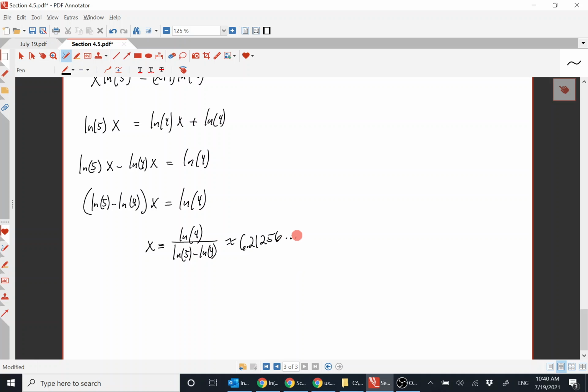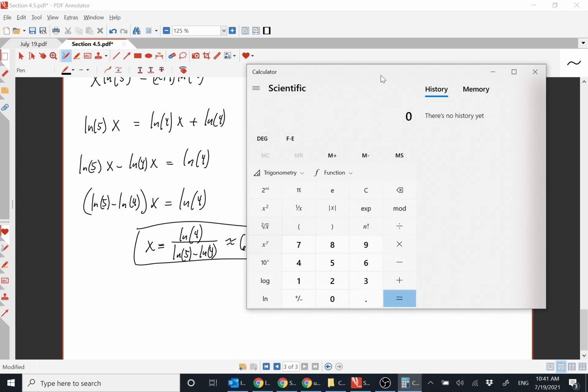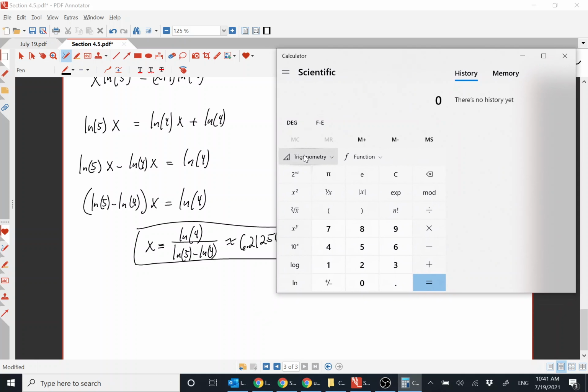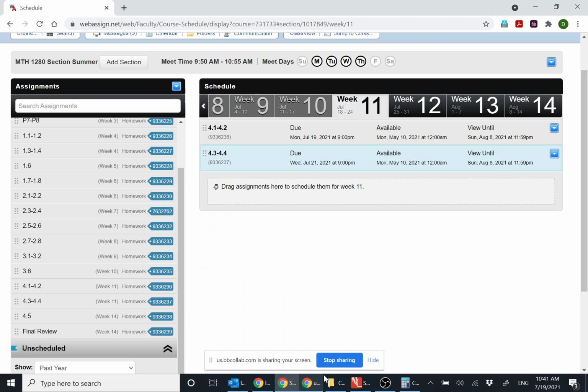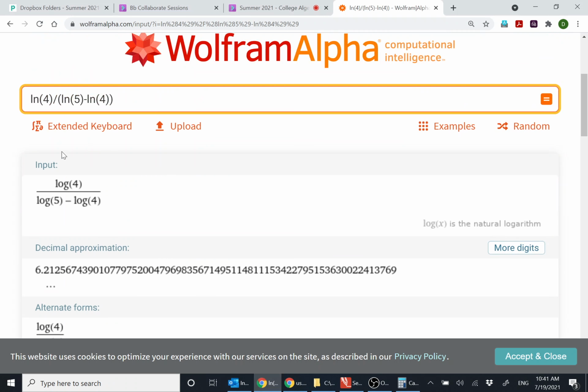So let's look at that on our calculator instead. It's easier to make a mistake on the calculator than with the web browser or with Wolfram Alpha. With the web browser or Wolfram Alpha, it confirms to you what you actually typed, right?